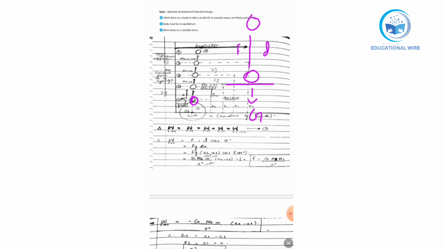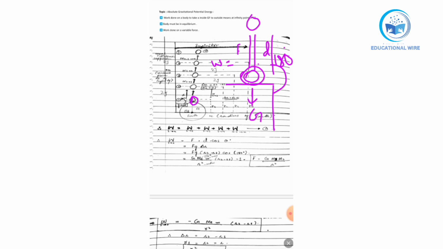So force into distance, as we discussed in yesterday's lecture, is equal to work. With work, this mass is changing its position from one point to another, and the gravitational field is downward, so they are perpendicular to each other, and it will make 180 degrees, that is equal to minus 1, means negative.